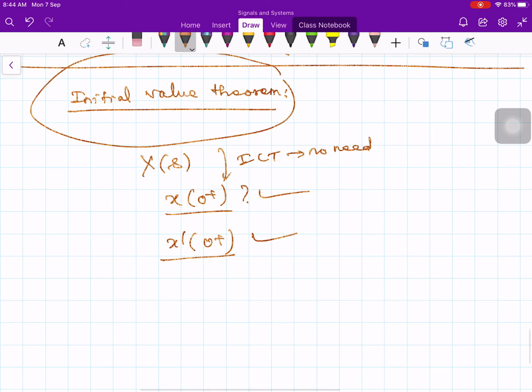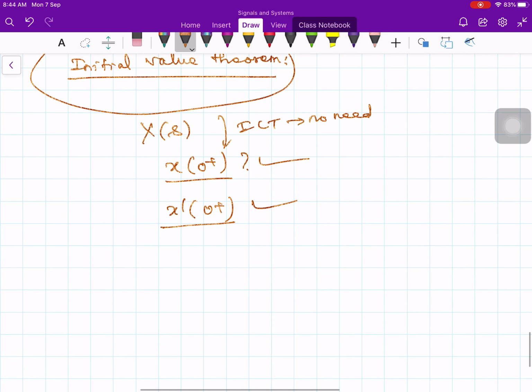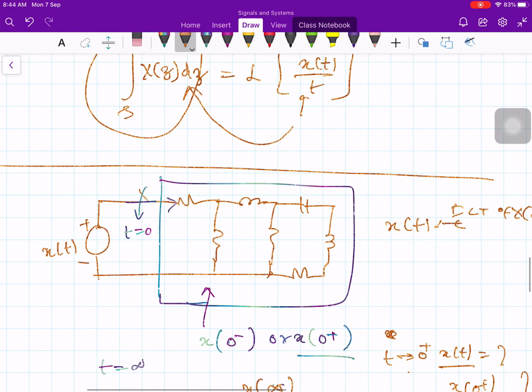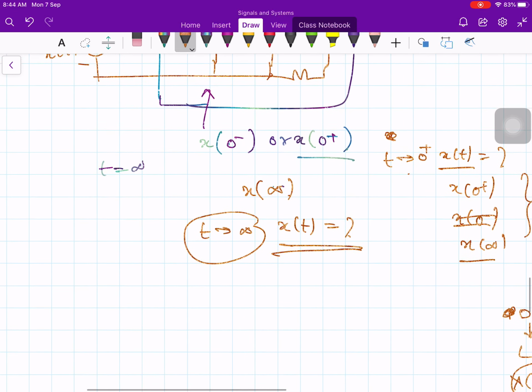Now, under specific constraints, assume that x of t is equal to 0 for t less than 0. Why? Because I am closing the switch at t equals 0. Before that there is no input given to the network. This is my first condition.